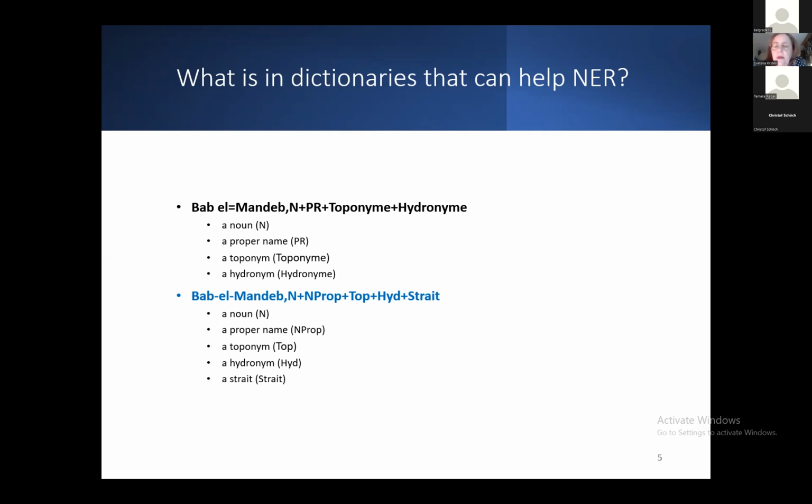Babel Mandeb, as written in French, more or less the same in Serbian, but the markers are now different. In French we have the markers saying that it is a noun, a proper name, a toponym, and a hydronym. In Serbian the markers are not the same, but say more or less the same thing: a noun, a proper name, a toponym, a hydronym, with the addition that it is a strait. What kind of hydronym? It is a strait.